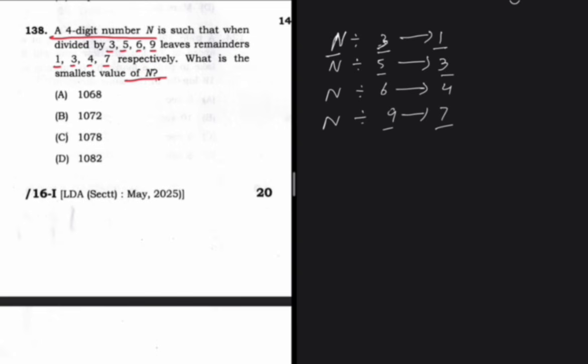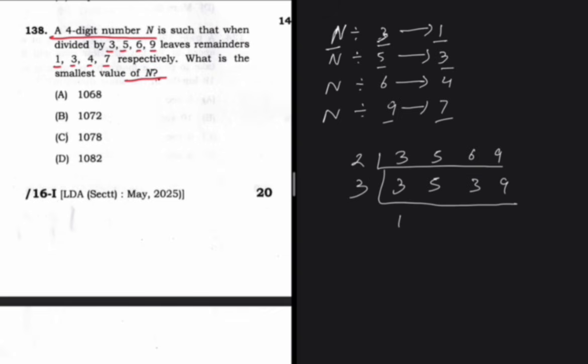Okay, so this question is based on the concept of residue quotient. So what we'll first do is we will take the LCM of 3, 5, 6, and 9. We'll start with 2, so there will be 3, 5, 3, 9, and we'll start with 3.